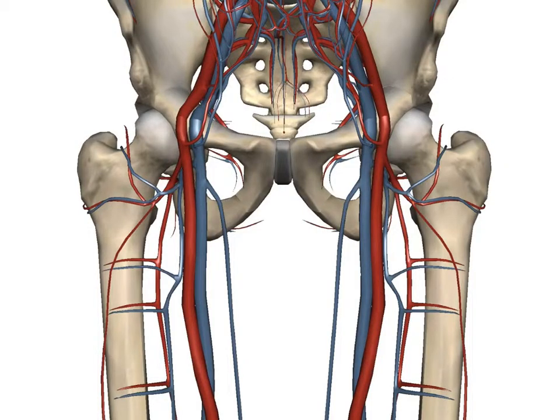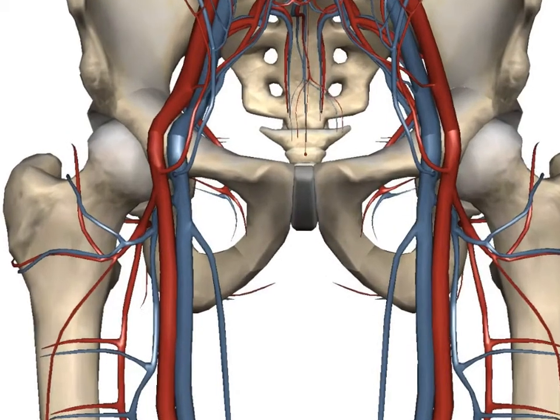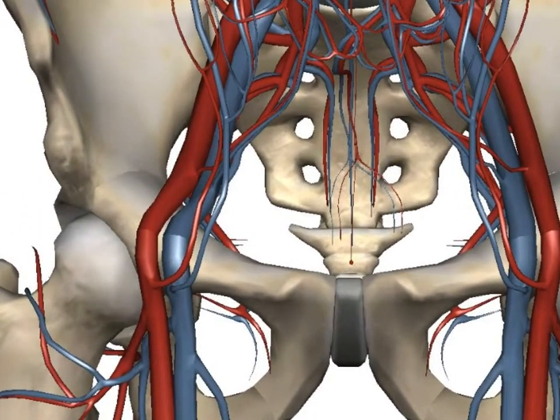Now, as we move into the lower limb, I'm sure you're all aware that once the external iliac artery passes underneath the inguinal ligament, it becomes the femoral artery. The inguinal ligament lies roughly along that area there. Once it passes underneath that, we've got our common femoral artery arising there.